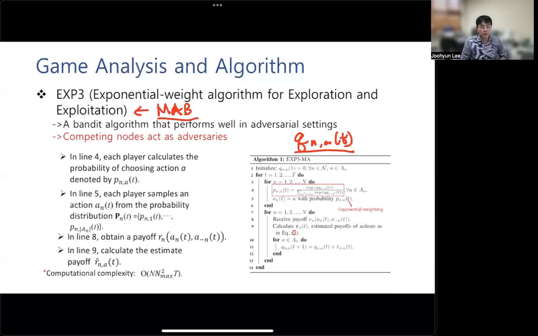To describe this EXP3 algorithm, I first need to define this Q function, which is the discounted reward in the history. In our work we use a moving average of the success probability, or reward, in the history.